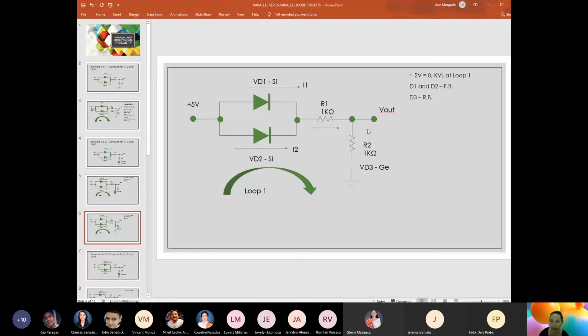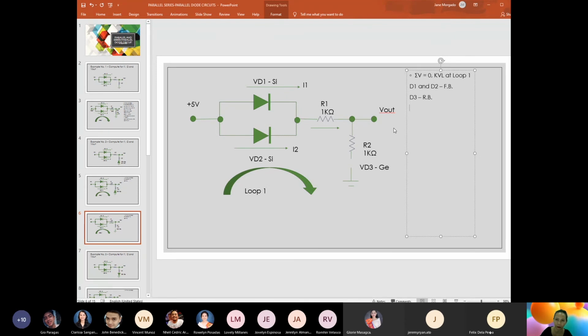Halimbawa, we have a VOM dito, nakakabit sa positive dito, negative dito. So, what will be the voltage? Ang loop natin is from positive 5 to V out. But the V out is definitely not equal to R2 and the voltage across germanium, kasi open na siya. Let's start from the positive 5.